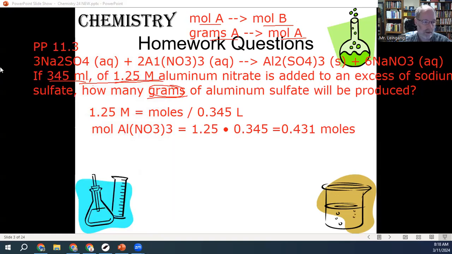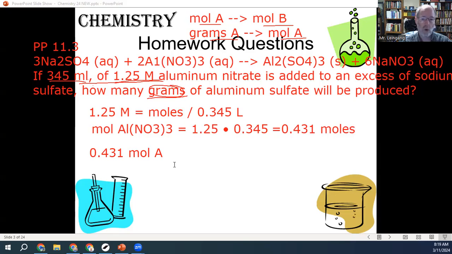So I'm going to get rid of my calculator here. We're going to start with what we know, 0.431 moles of A, that is AlNO3. If I type that in all the time, it's going to take up way too much space, so I'm just going to use an A to represent that molecule. Now, when you want to convert from moles of A to moles of B, use your molar ratio. What is the molar ratio?